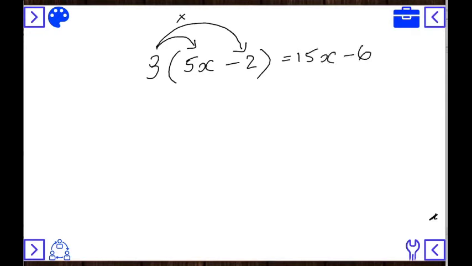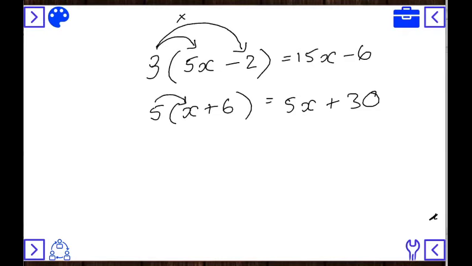Now, Chloe's just come up with a really great example, which is 5 lots of x plus 6, and she's then put 5x plus 30. As a quick check, 5 times x is 5x, and 5 times 6 is 30, so well done.